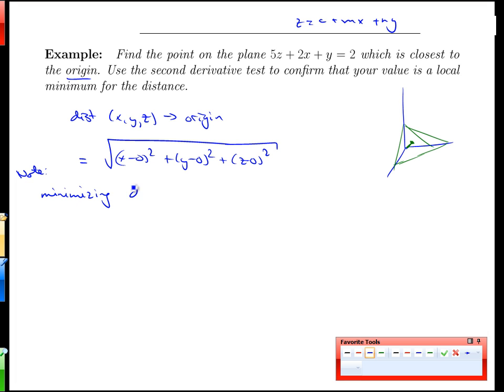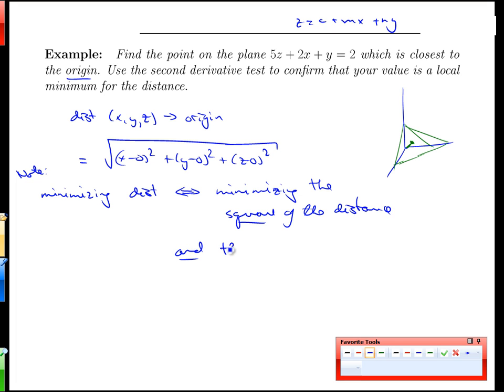Minimizing the distance is the same thing as minimizing the square of the distance, and the square of the distance is a much simpler formula.